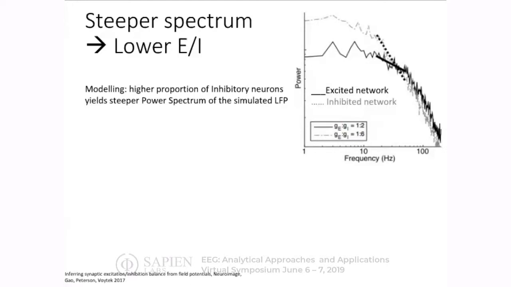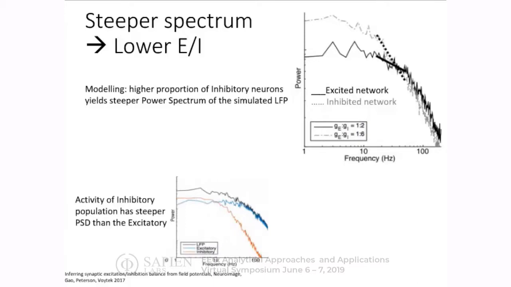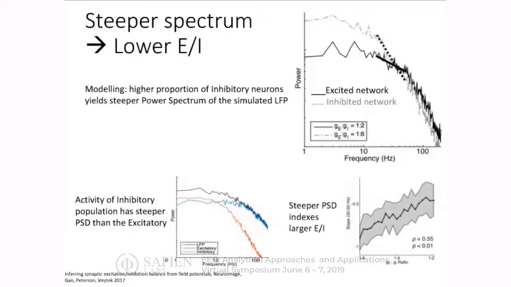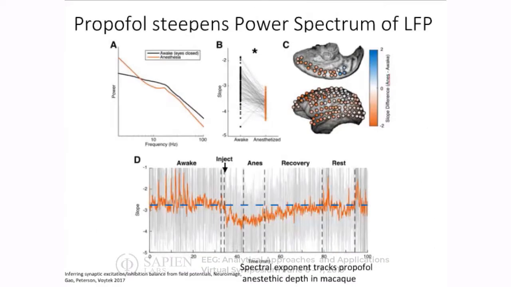So, going briefly over what this could mean, there was a presentation already by Wojtek that showed that, in simulation as well as in real data, the spectral exponent or the PSD slope was able to track the excitation inhibition balance. Unfortunately, I will have to go over it briefly, but as you heard the presentation already, I'm sure that you can trust me on this.